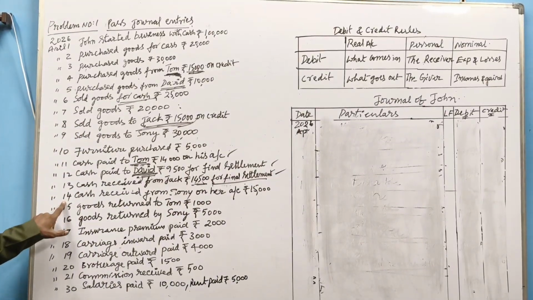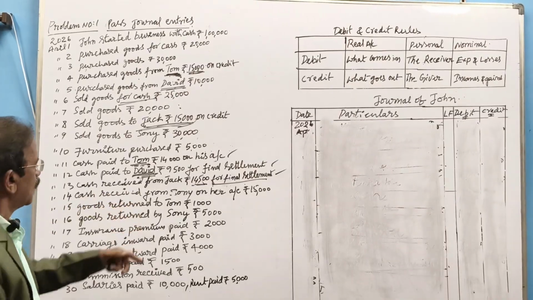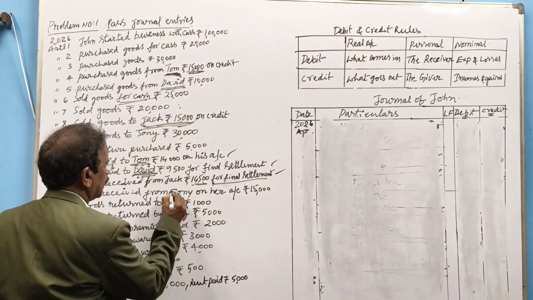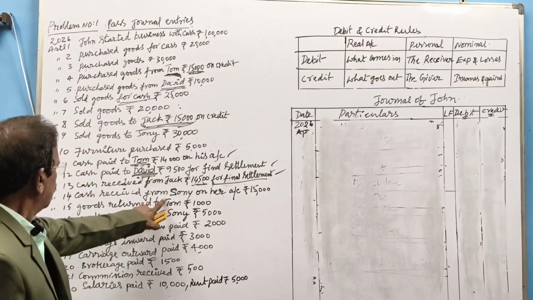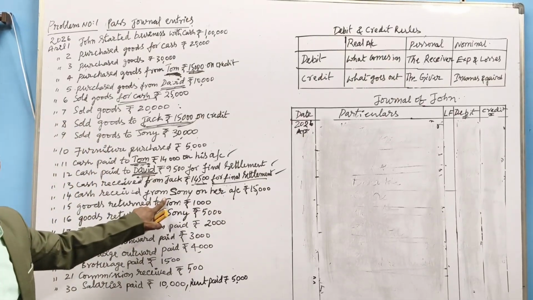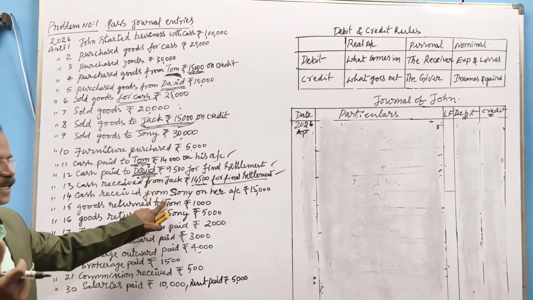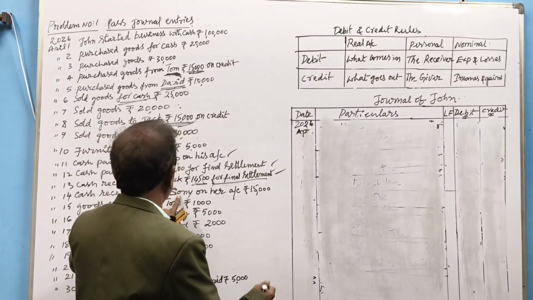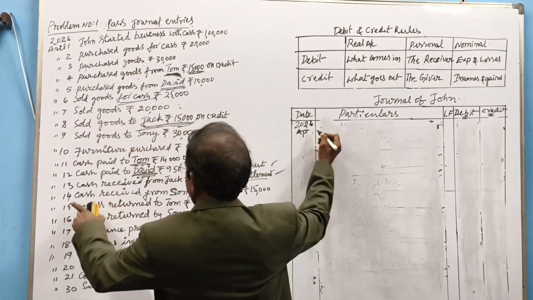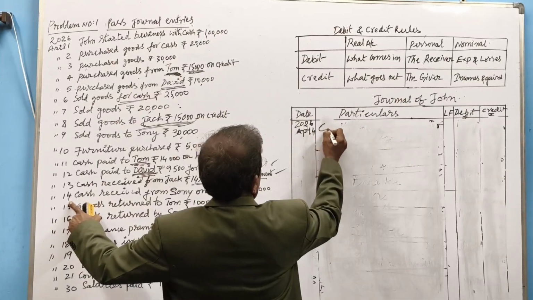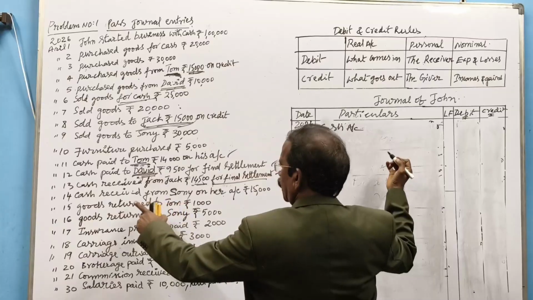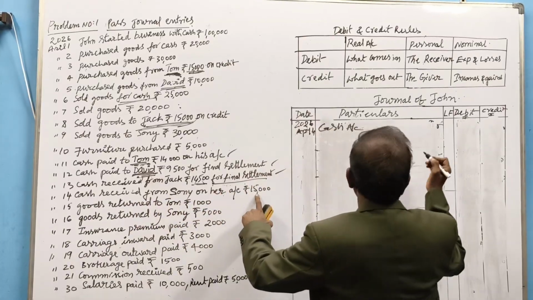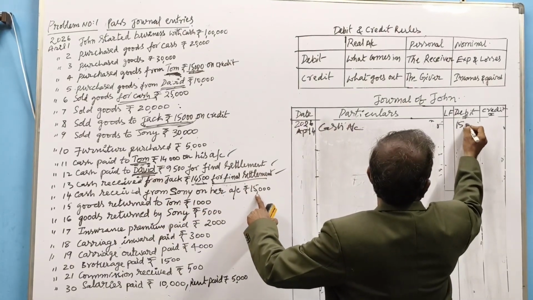Now coming to 14th transaction, 14th date. Cash received from Sony on her account. We received cash. So what comes in? Cash is coming in. So debit cash account. Date 14th. Cash account 15,000.